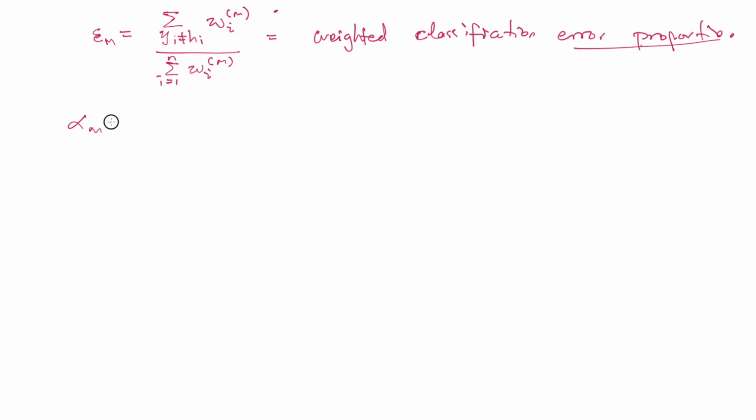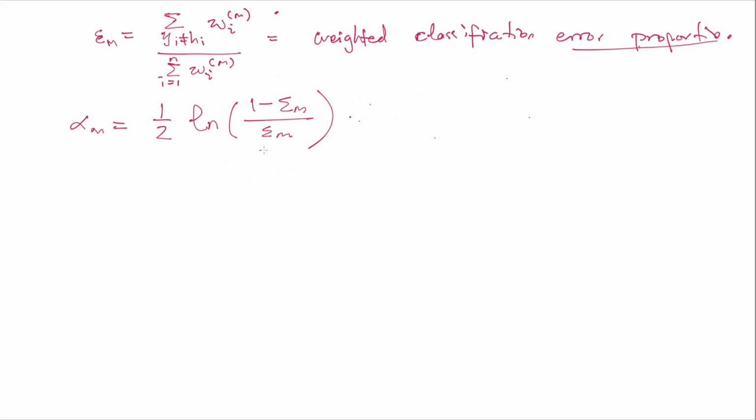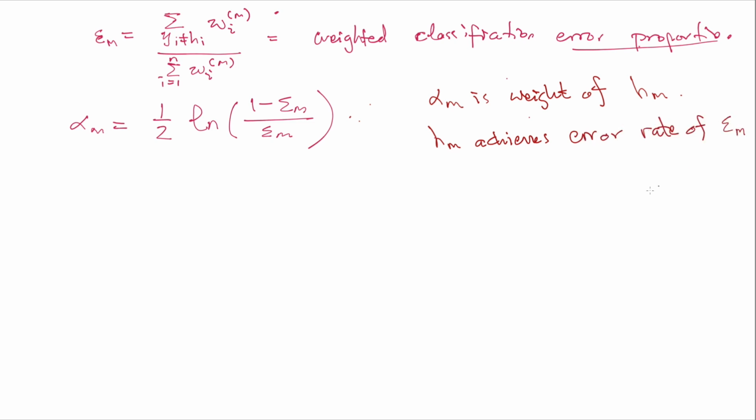So again, just to reiterate, I choose my alpha m to be this quantity here. Okay, and so let me just explain why this makes sense. Well, remember, alpha m is the weight of the classifier hm, and hm achieves this error rate, right?